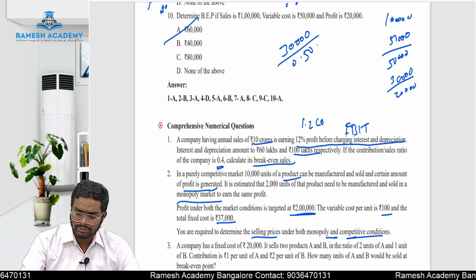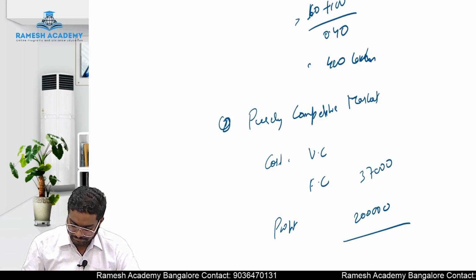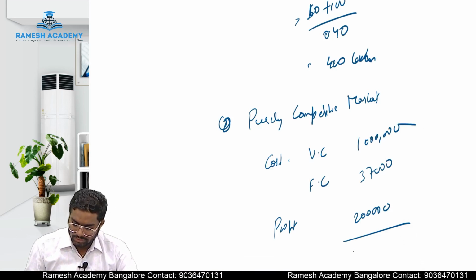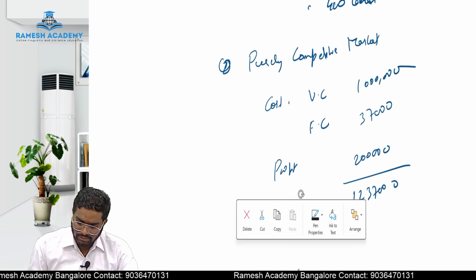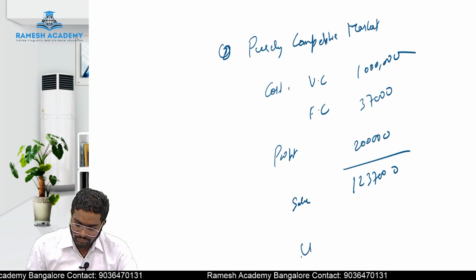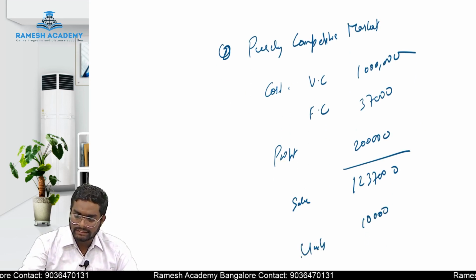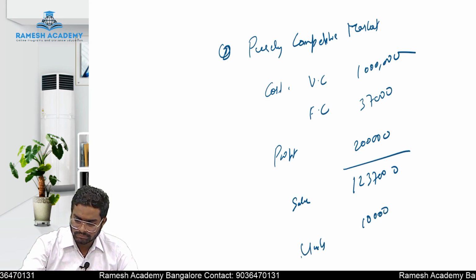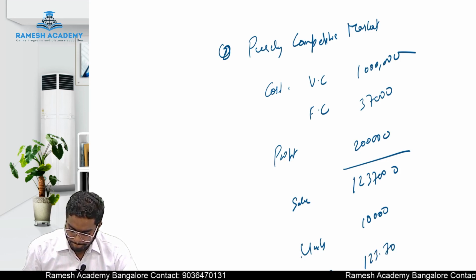So 10,000 units into 100 comes to 10 lakh. So my total is 12 lakh 37,000, which will be my sales. So units is 10,000. Simple. So I'll just divide by 10,000. It should be 123.7.